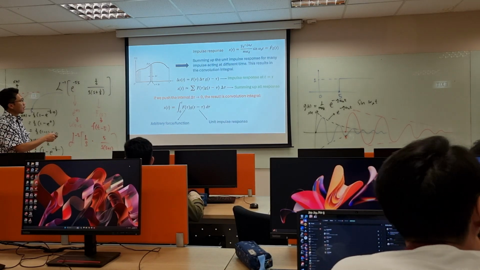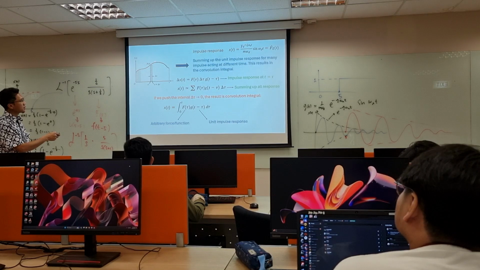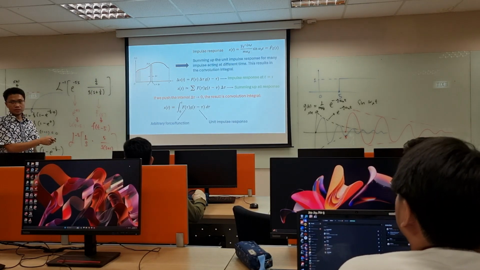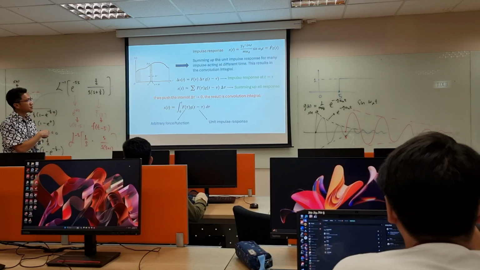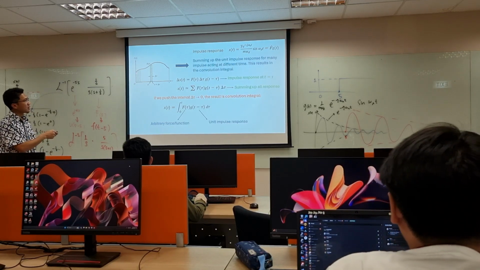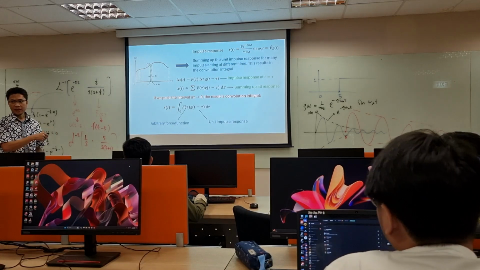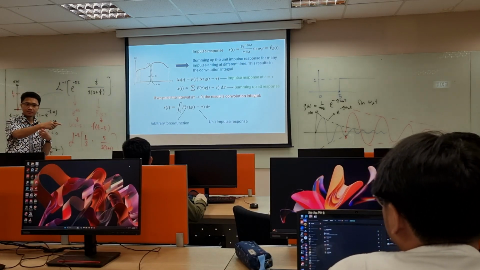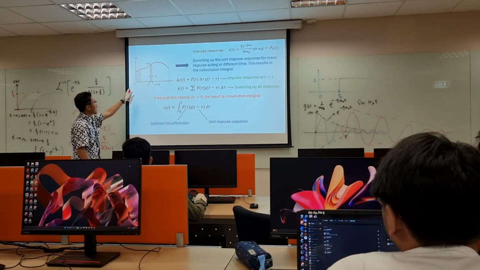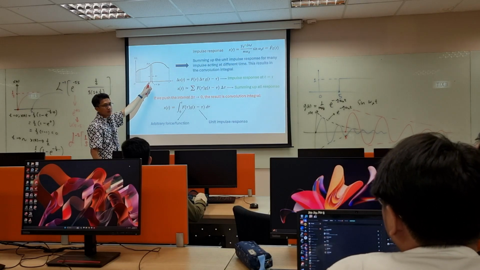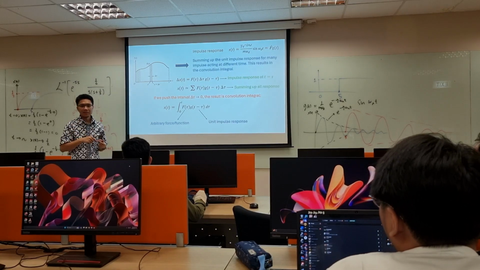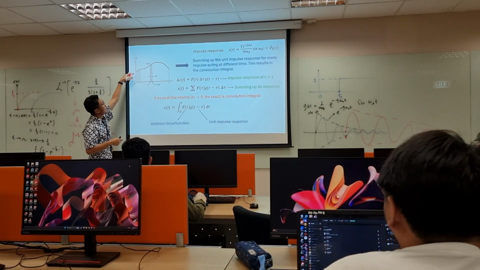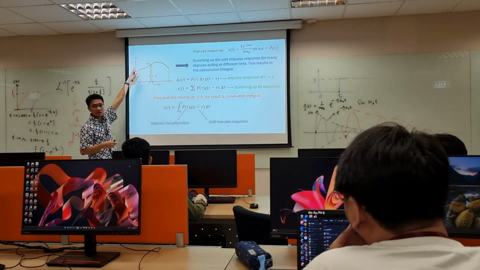So we have an arbitrary function, and the function in here is f(t). f(t) is an arbitrary function, and tau is just a constant of where I will apply my impulse, and my impulse height will be governed by f(t).